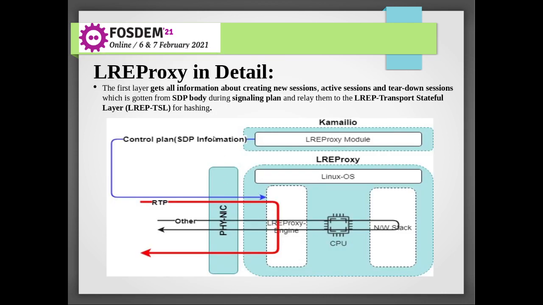LREProxy in detail. The first layer is developed as a module for Kamailio. It gets all information about creating new sessions, active sessions, or tearing down sessions, which is obtained from the SDP body during signaling, and relays it to the LRE transport stateful module registered in the kernel.